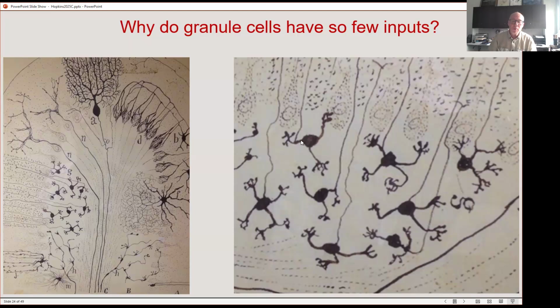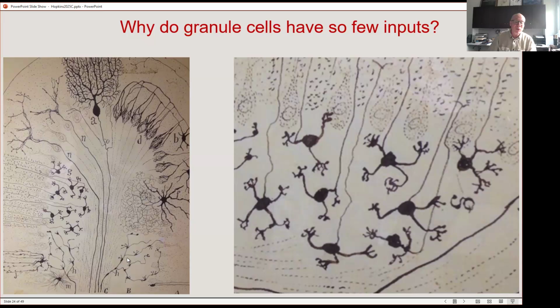So here's Ramón y Cajal's drawing of granule cells, and they have these little claws for dendrites, and the synapses of mossy fibers only happen on those claws. We know that the average granule cell has 5 of those, so it gets input from 5 mossy fibers. And one of the most amazing little things ever, we know that those are 5 different mossy fibers, because mossy fiber presynaptic processes are these rosettes.